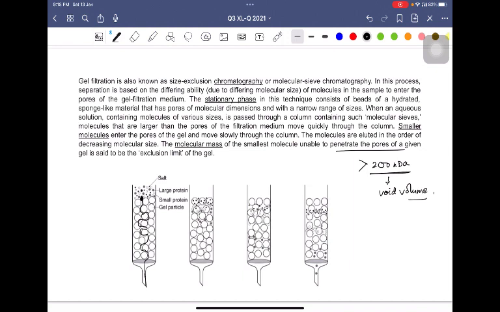Whereas proteins which are lesser than 200 kilodalton in weight will enter the molecular sieve, the gel filtration resin, and will be eluted in the decreasing order of their molecular size or molecular weight.